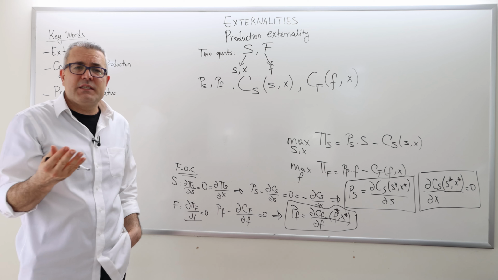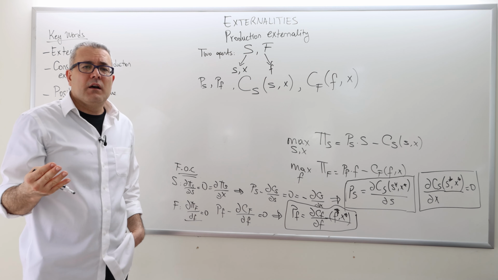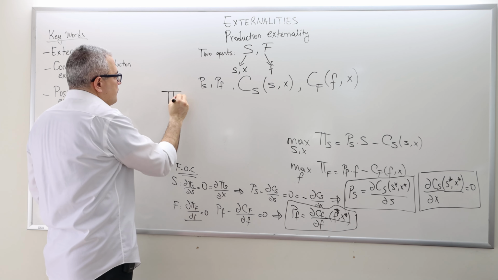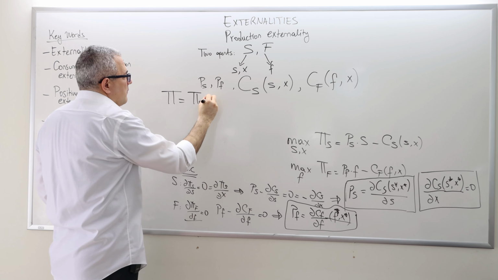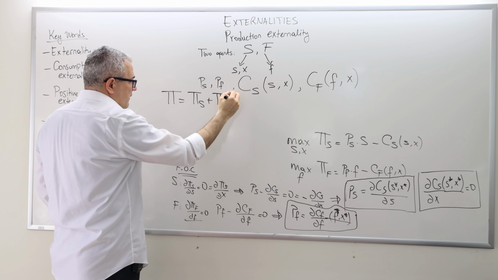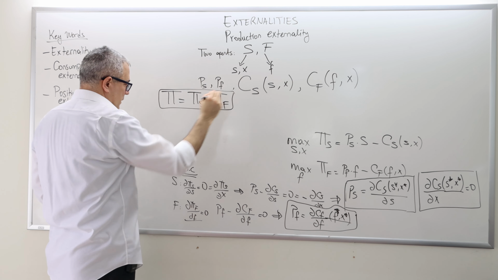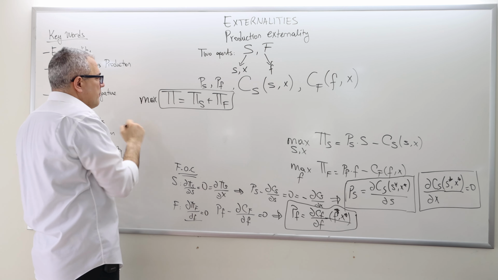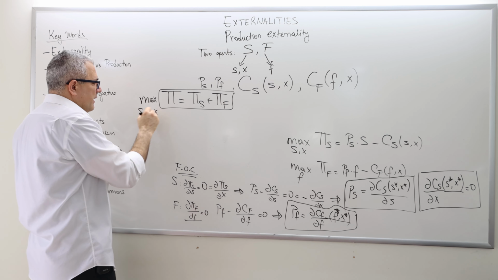Well, let's use the standard utilitarian social welfare function. I mean, we simply add both firms' profit function and then maximize it by choosing S, F, and X.